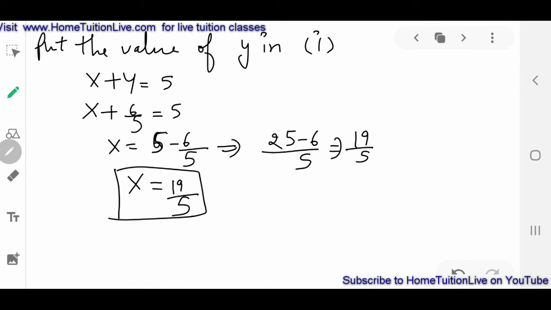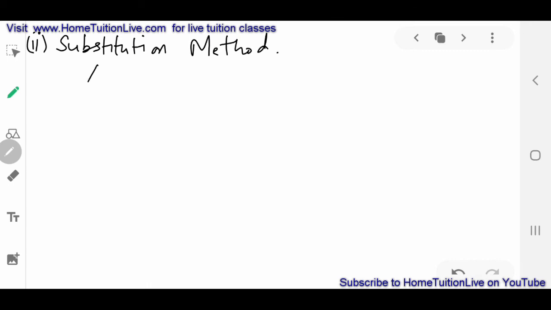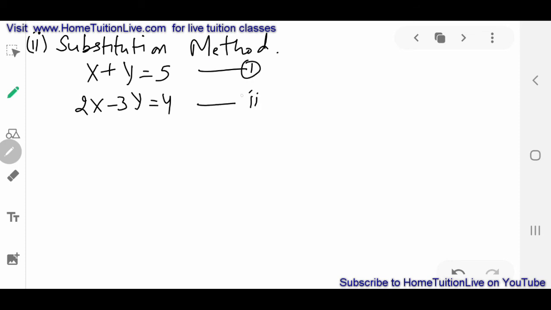Now we will do substitution method. Equations are x plus y is equal to 5, 2x minus 3y is equal to 4. This is first equation. This is second equation.